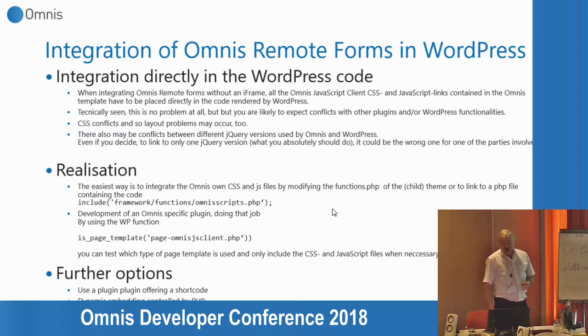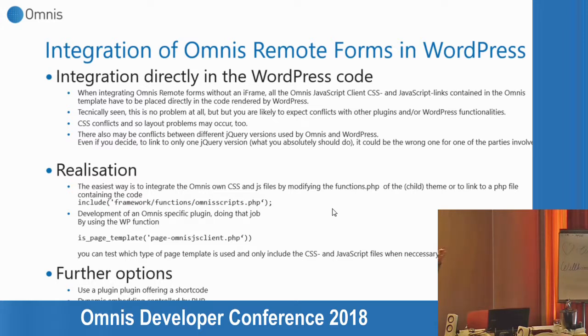Because for the Omnis JavaScript client page to work, you have some requirements. You have to load the CSS files, then the Omnis JavaScript files, which drive the whole thing, and you also have to load the jQuery files Omnis is using. But WordPress itself is using jQuery, and you never know which version, and you can only reference a JavaScript library once in a page without risking an ambiguous call.